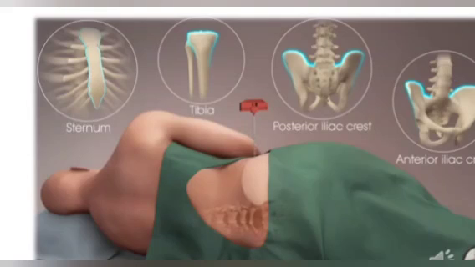Whereas for bone marrow biopsy, that is trephine biopsy, we can take from the posterior superior iliac spine. This is the most commonly used site for the trephine biopsy, and also anterior superior iliac spine, and the spinous process of vertebra. So these are the sites from where we can take aspirate or bone marrow trephine biopsies.